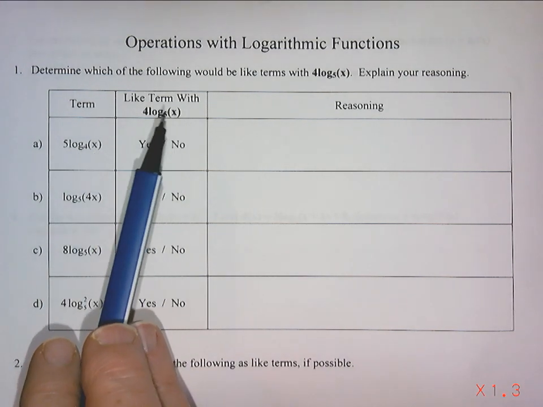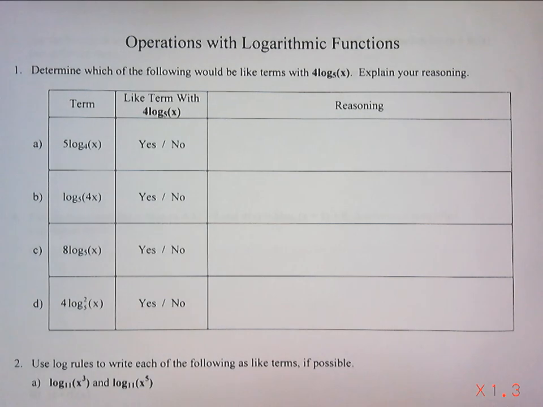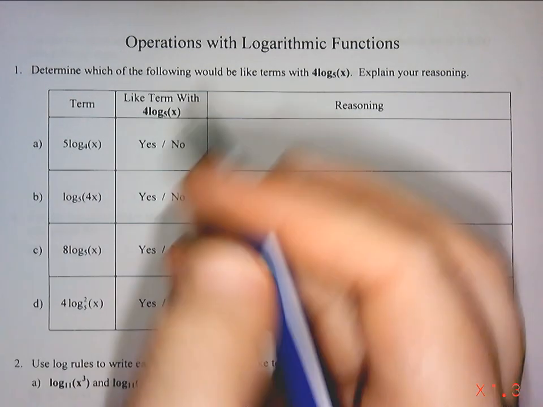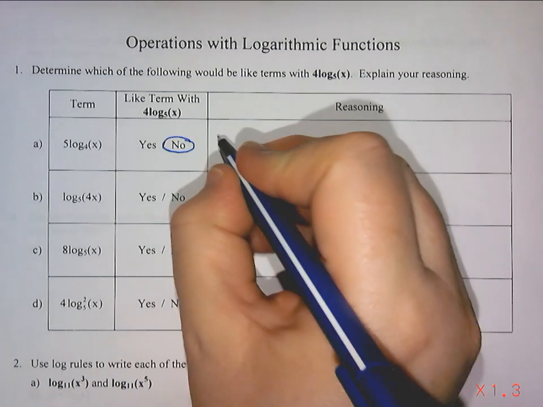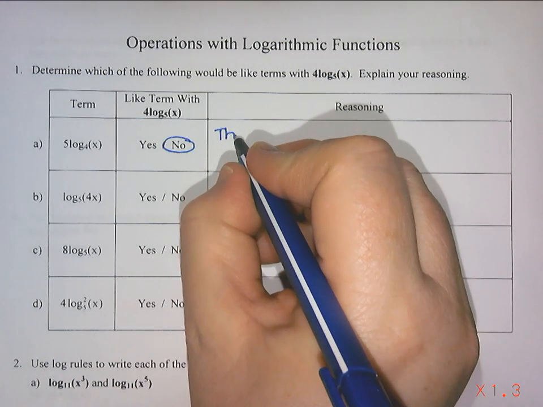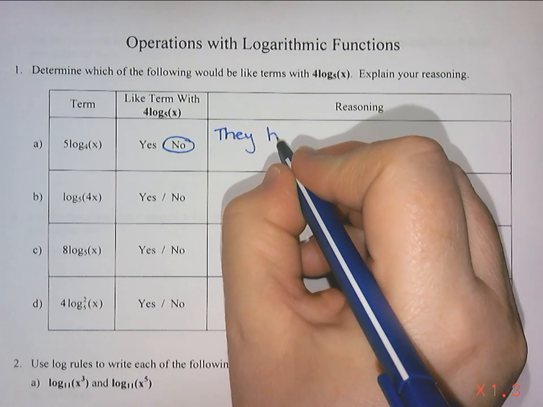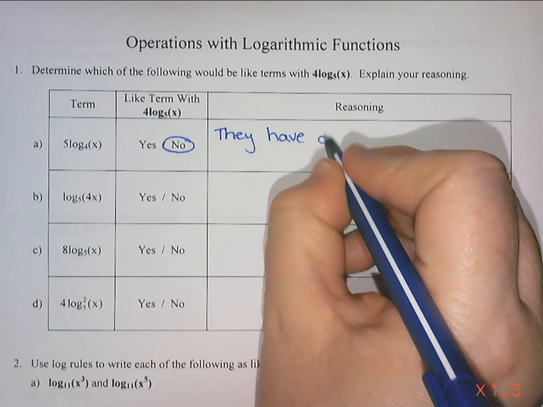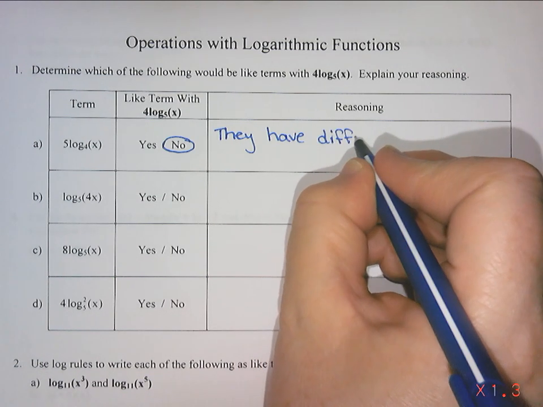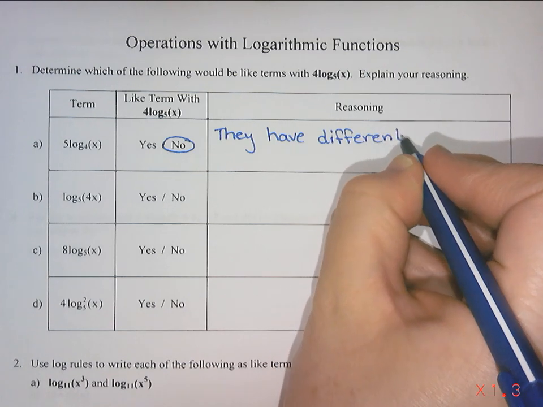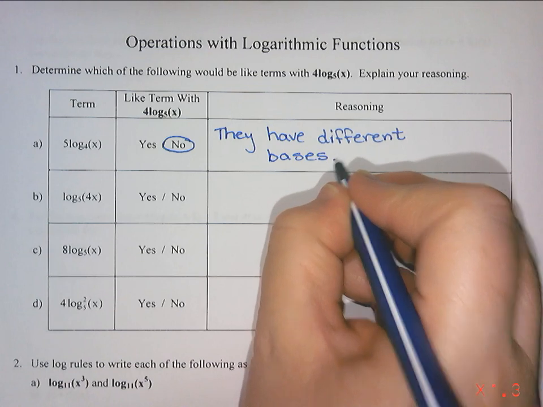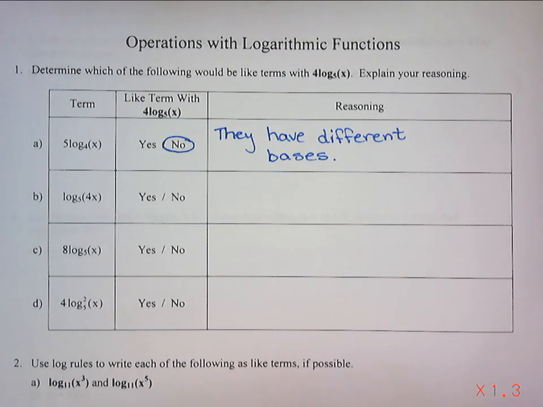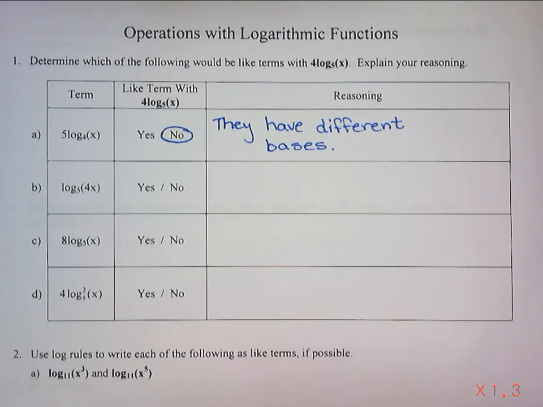Well, neither of them has an exponent, so I'm going to say yes. But because the bases are different, these are not like terms. My reasoning is they have different bases.